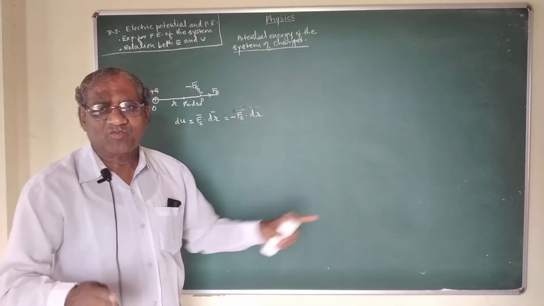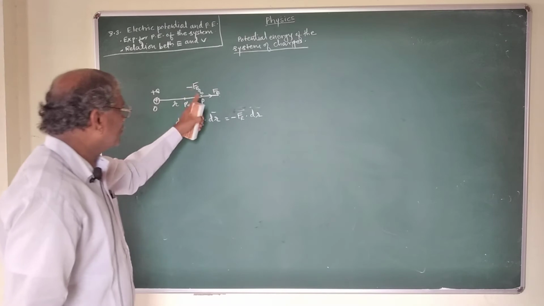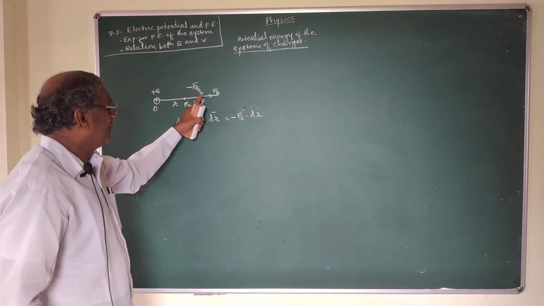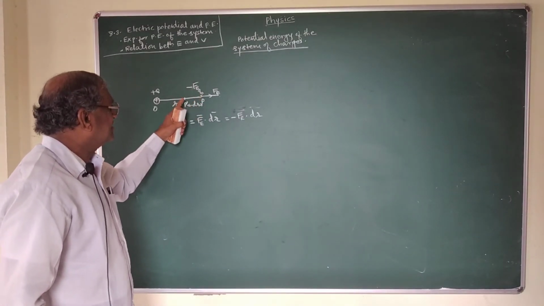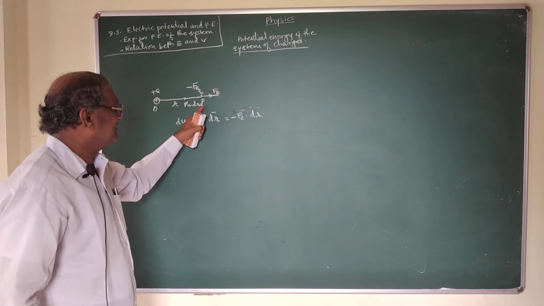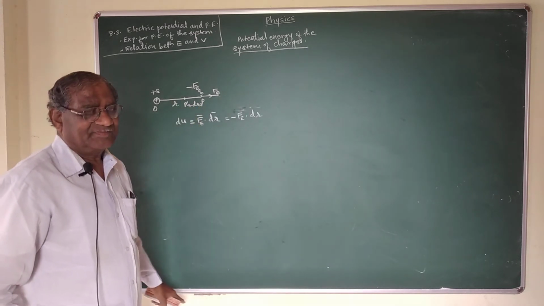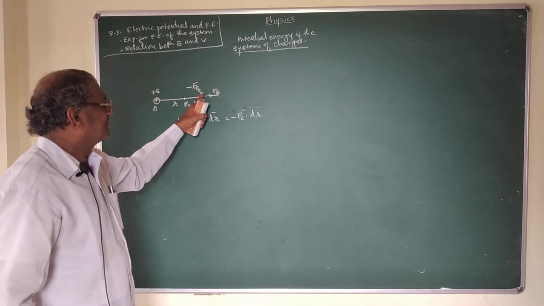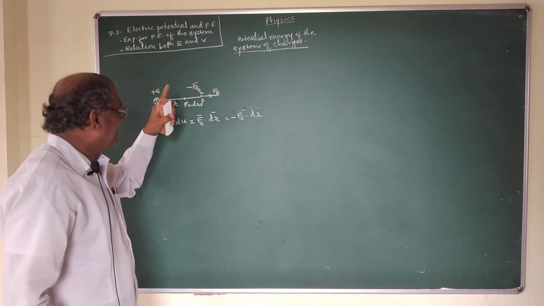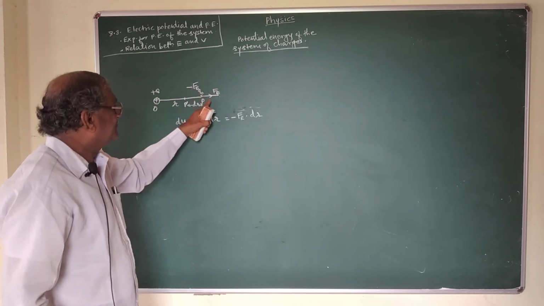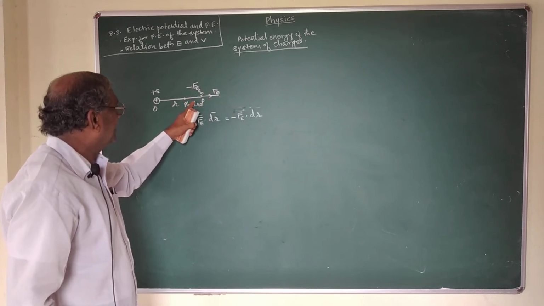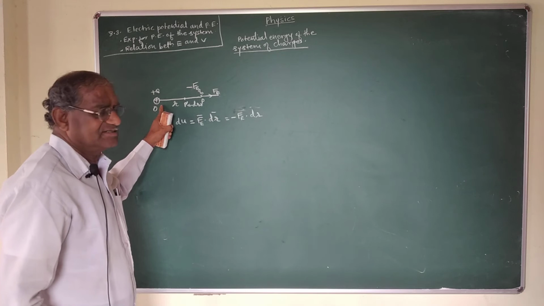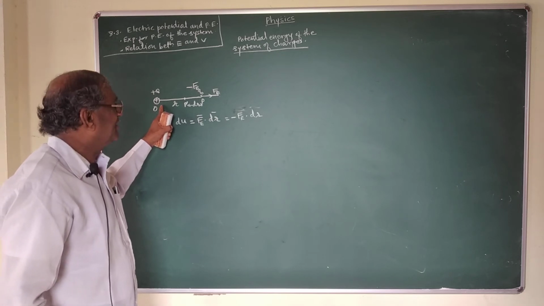And if we have to move this q0 charge from P to P dash through a very small distance dr, if I bring this q0 charge from any point in the electric field of this q charge, what happens?